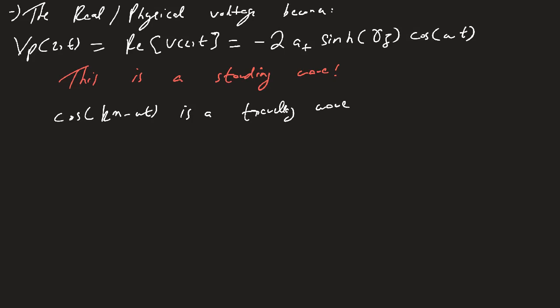If you sit at any given z, time will pass and the wave will move up and down, but there's no movement of the wave in z per se. So this is a standing wave, and when you have a short circuit, what you get is a standing wave.